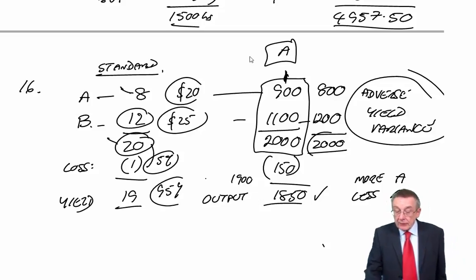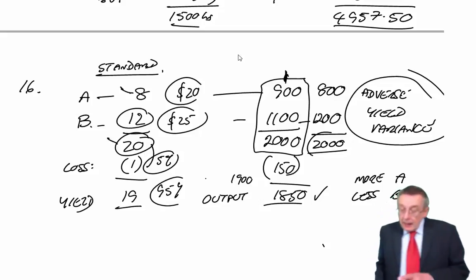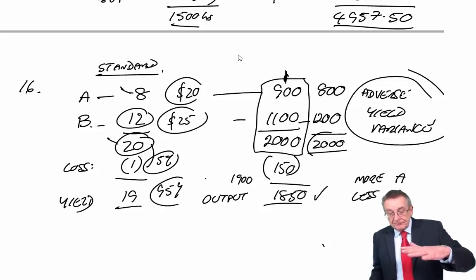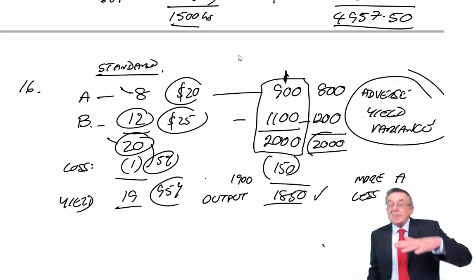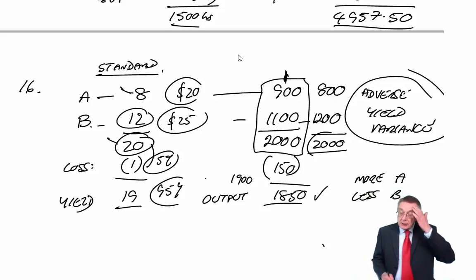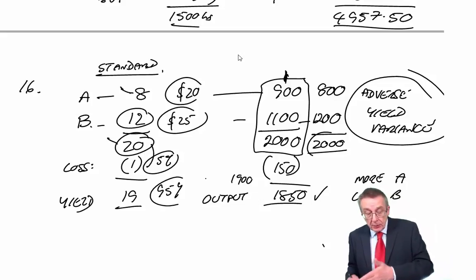Now, it's a clever question, this. It's a nice question. It's testing your understanding rather than just being able to do the arithmetic. With a mix variance, you're always buying more of one and less of the other. But whether that makes it more or less expensive than it should be depends on whether you're buying more or less of the cheaper and more or less of the more expensive.